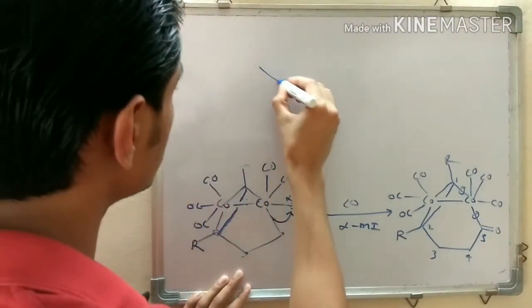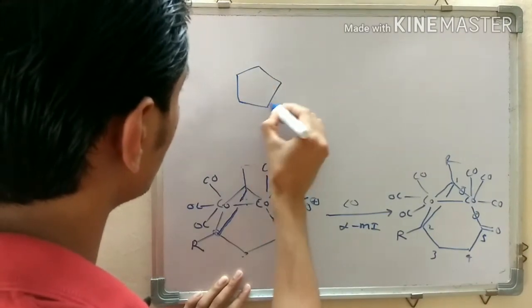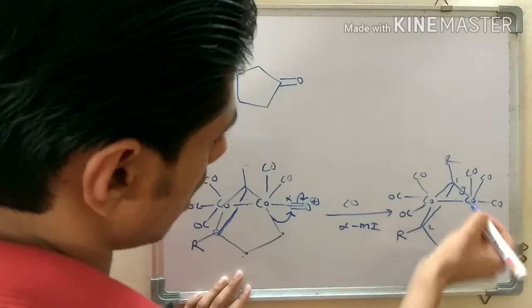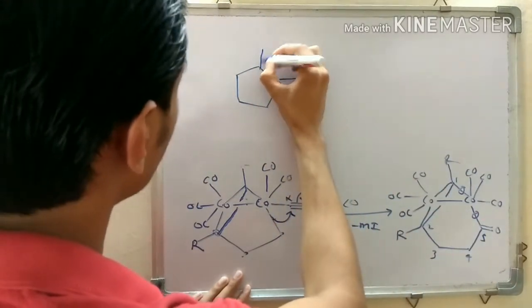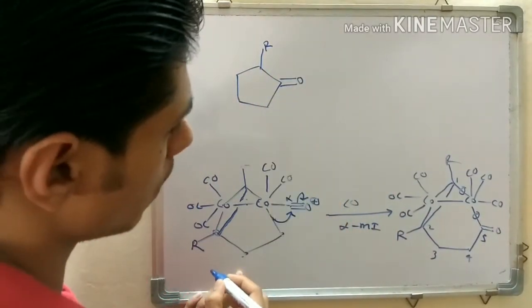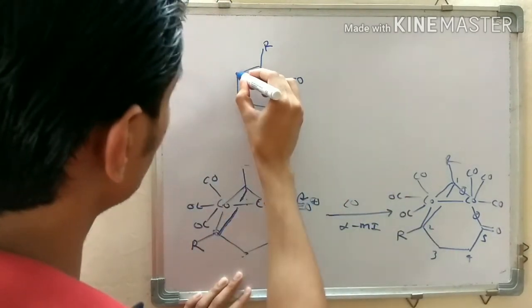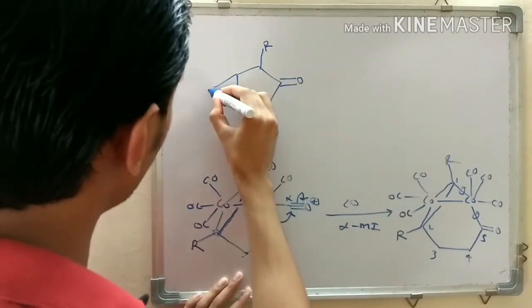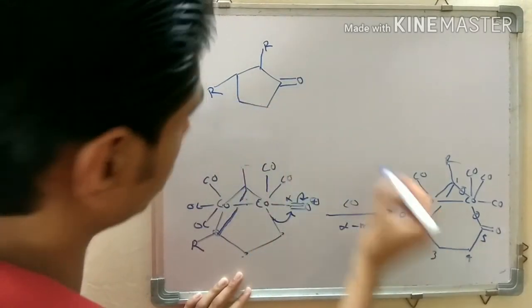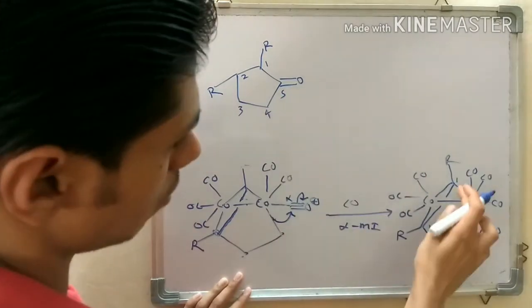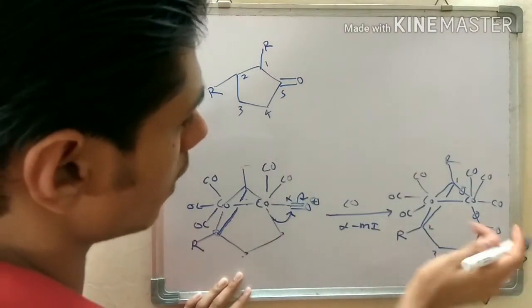So that ring is nothing but this. So this is your 5-membered ring, and as I numbered, this is carbon 1 and it is bound with this R group. Okay, and you have these two carbons here, you have another R group, this R. So 1, 2, 3, 4, 5.